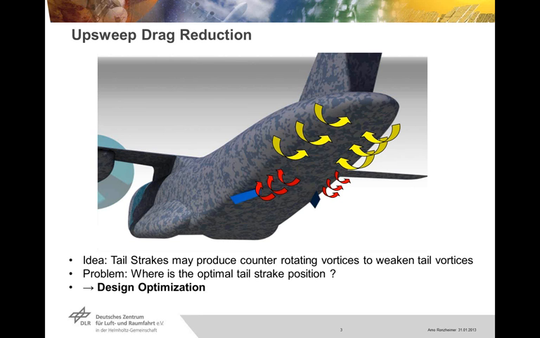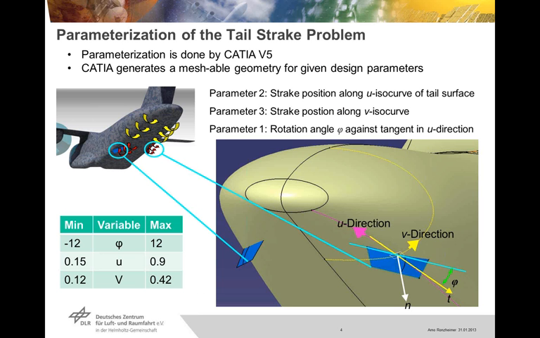To apply design optimization, the first thing is the parameterization of the tail strake problem, and here CATIA version 5 is used. CATIA generates a meshable geometry for given design parameters, and these design parameters are at the cross point of an ISO line in U direction and also an ISO curve in V direction.